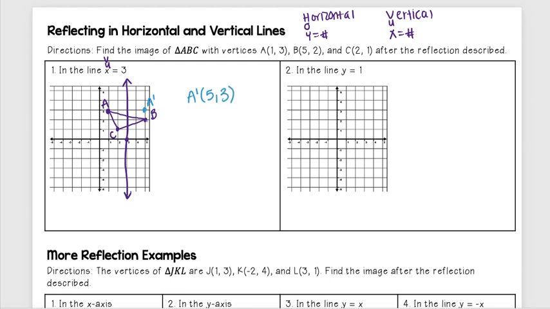Okay, and then for my B, I see this one is also 2 spaces away from my vertical line. So now I want to go 2 spaces on the other side. And so I get B prime is right there. And that's at the point 1, 2.